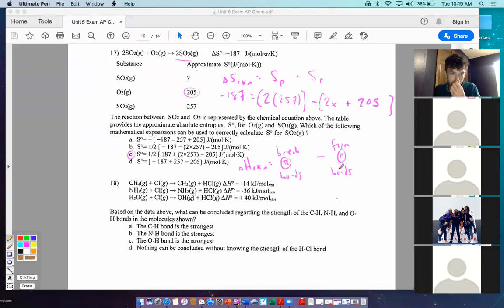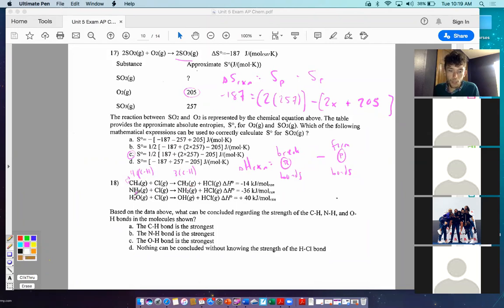You can see that in this reaction, I am breaking 4 carbon-hydrogen bonds and forming 3 carbon-hydrogen bonds. This time I'm breaking 3 nitrogen-hydrogen bonds and only forming 2.